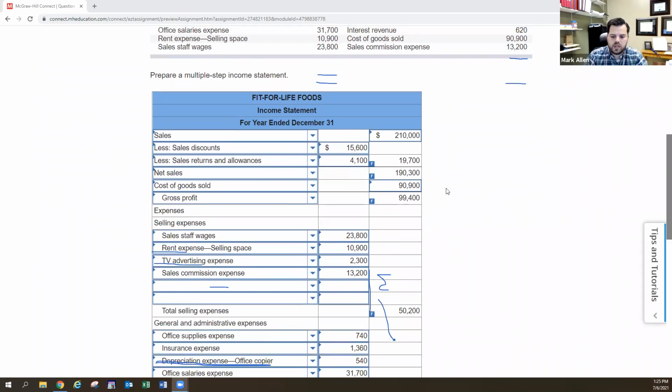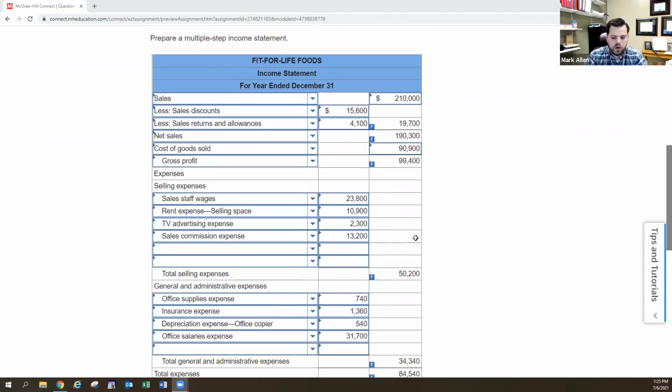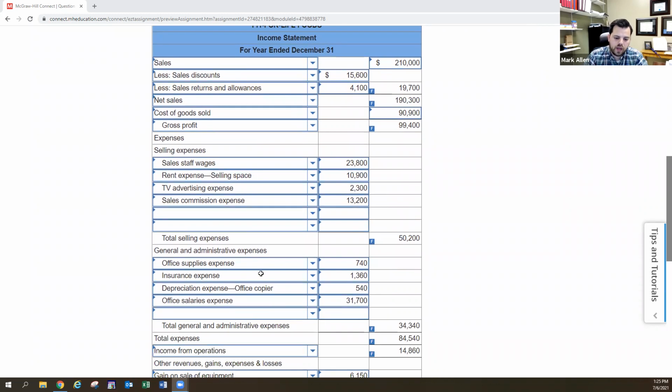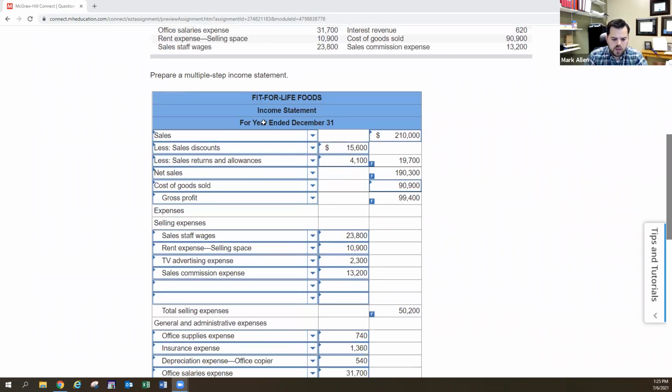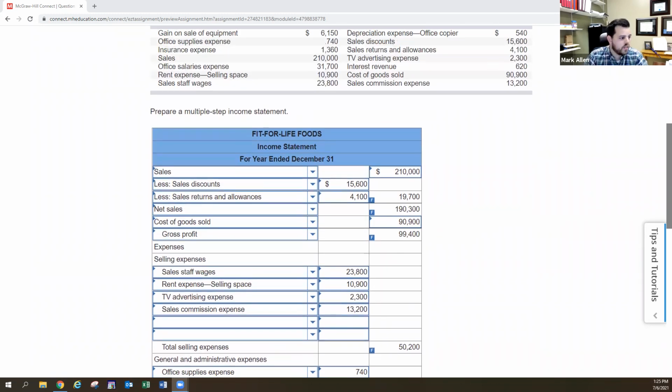Coming on down just a little bit, and let's go ahead and clear everything up again. We will now look for our general and admin expenses. That'll be office supplies, insurance, depreciation, and then of course office salaries. So we'll mark those off. Oh, dadgummit, I forgot my markings are going to go away whenever I clear that.